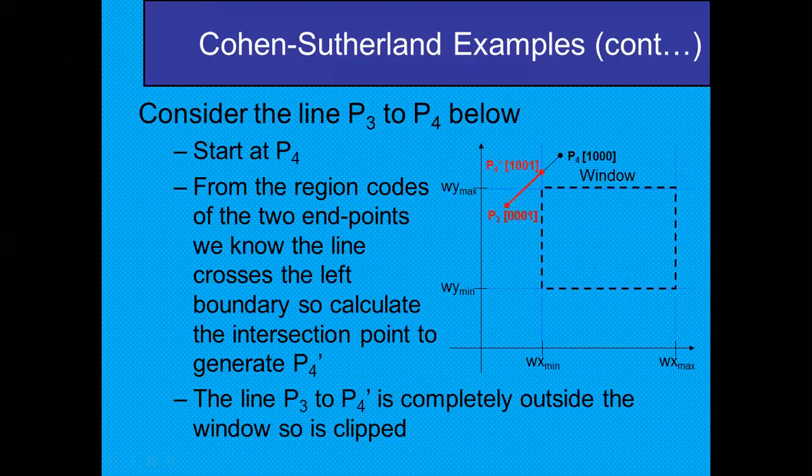Now another point: here you can see a typical case. Consider the line P3 to P4. First we will assign the 4-bit codes in this region. If it is lying from here to here in this region, the 4-bit code is 1000.